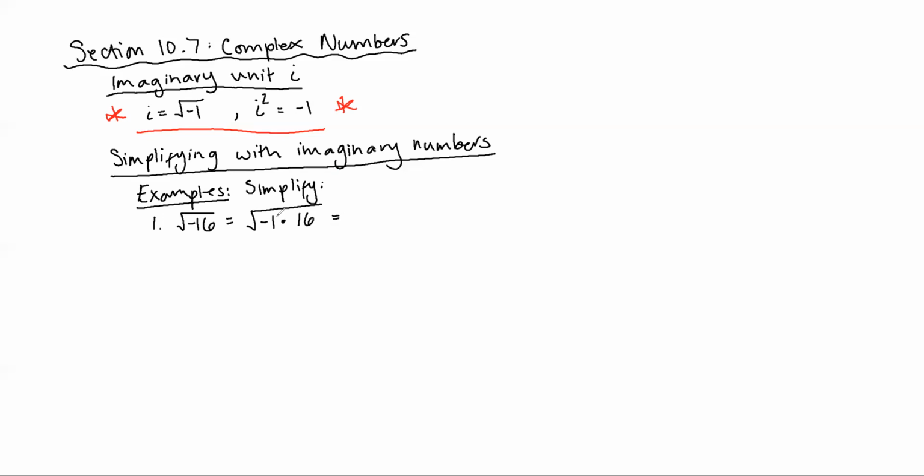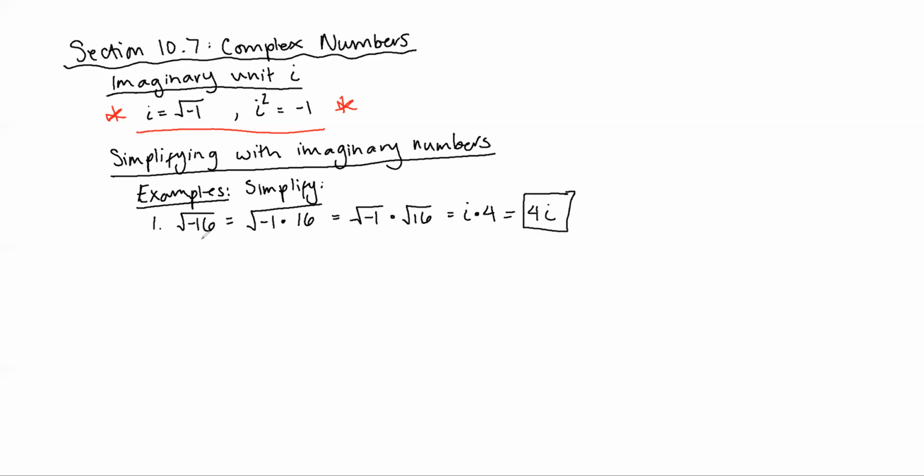And then using our reverse product rule, we can go ahead and split this up. So we have the square root of -1 times the square root of 16. Now we know the square root of 16 is 4. And now we know that the square root of -1 is i. So instead of writing this as i times 4, just like with variables, we're going to write this as 4i.